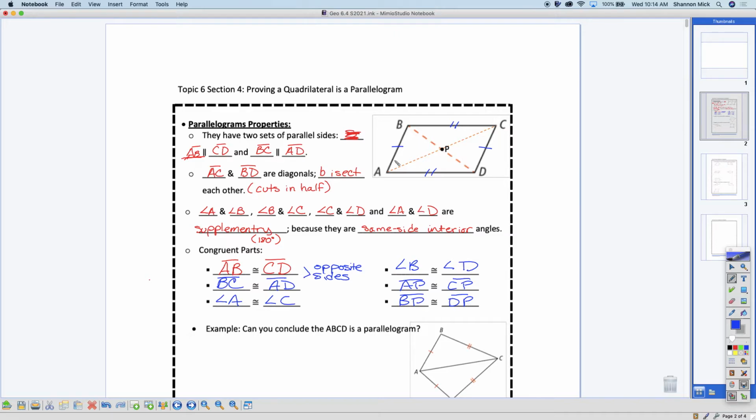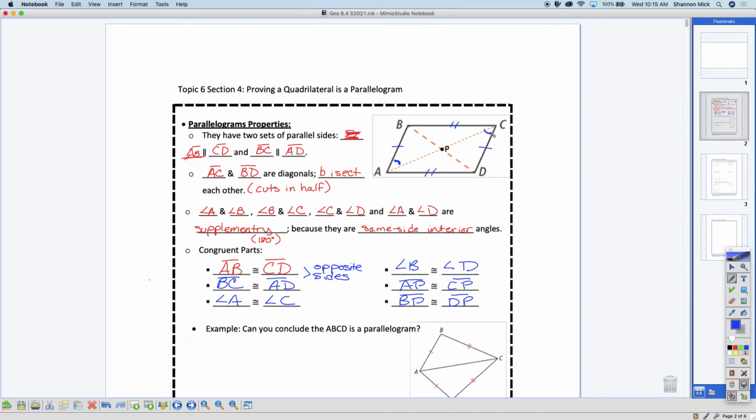Well, what about this angle right here? Isn't it congruent to this angle right here? Yeah, because these are alternate interior angles, right? So this is why I allowed you to name angles with just three letters.